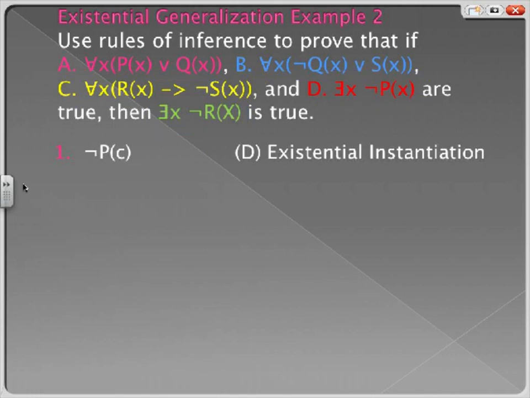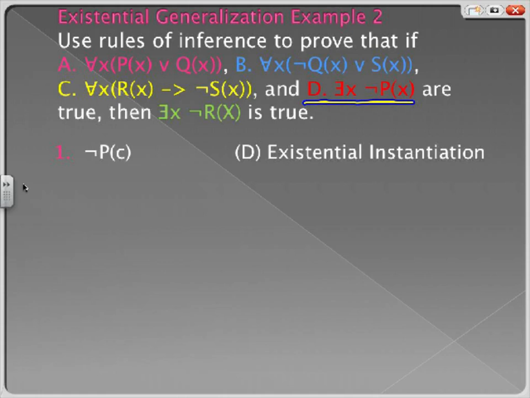To start out, we take our D premise into an existential instantiation that says because there exists an x such that not P of x is true, we're going to say that not P of c is this x that makes not P of x true.